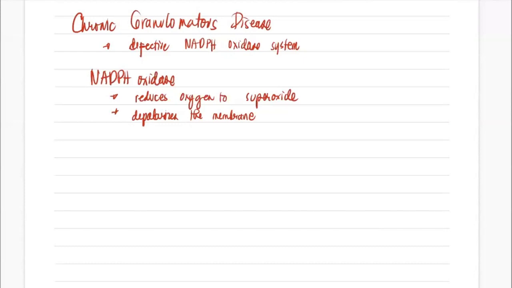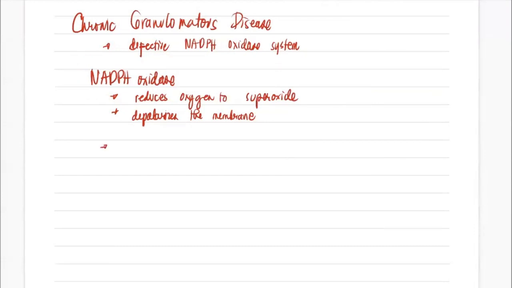Yung target mo dito is to activate digestive enzymes. And in order for you to do that, you have to depolarize the membrane, which requires also NADPH oxidase. That's why si NADPH very important. Kailangan siya in the two pathways of killing the offending agent. Now, chronic granulomatous disease, you have a defective NADPH oxidase system.